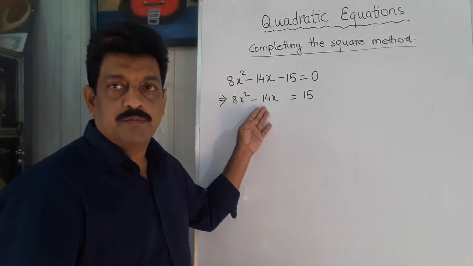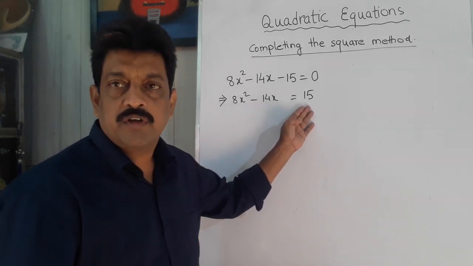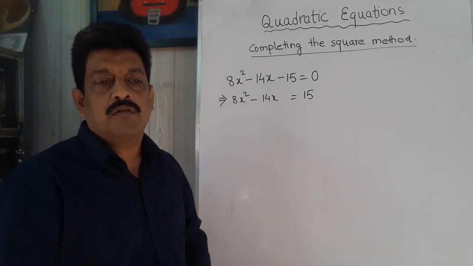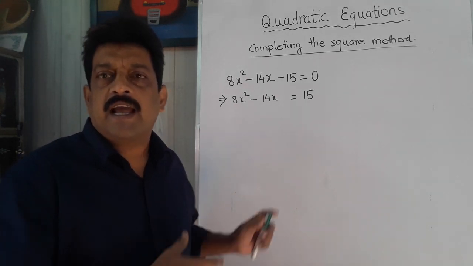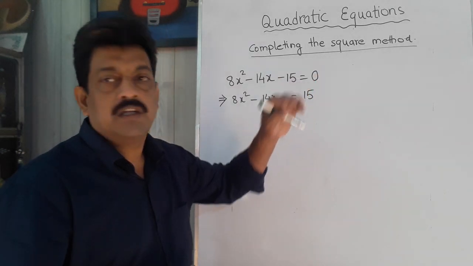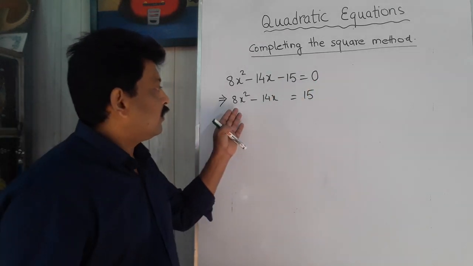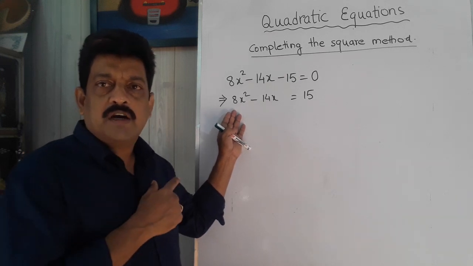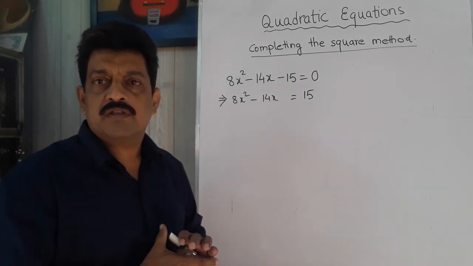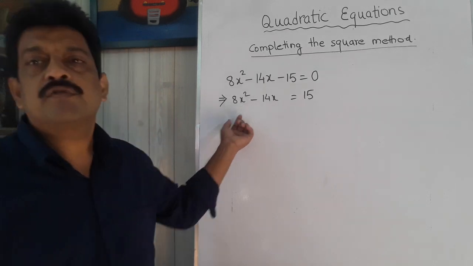This will become 14 upon 8, this will become 15 upon 8. So it is not easy to tackle those fractions to convert them in the form of whole square. So my advice, instead of dividing this by 8, multiply with such a number such that it becomes a whole square.